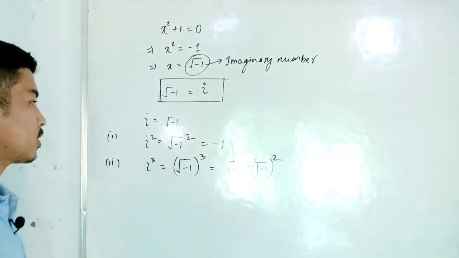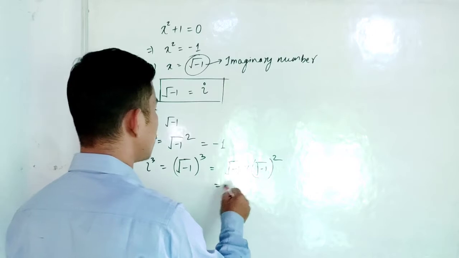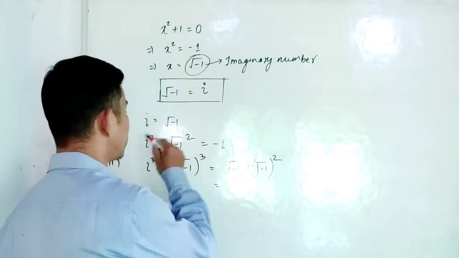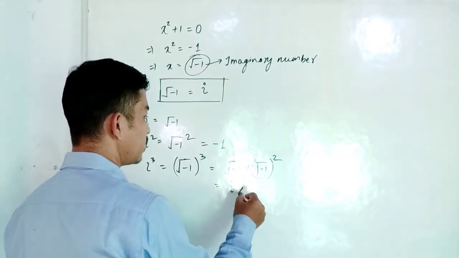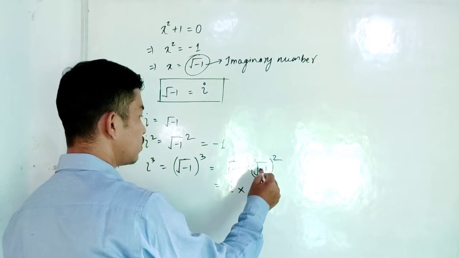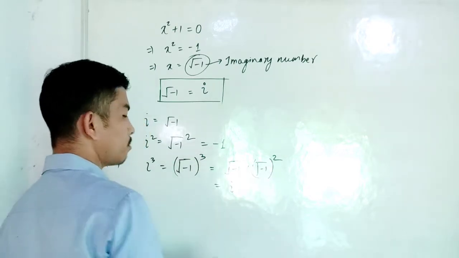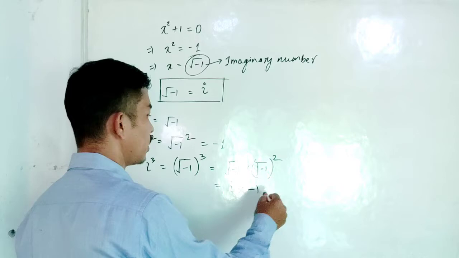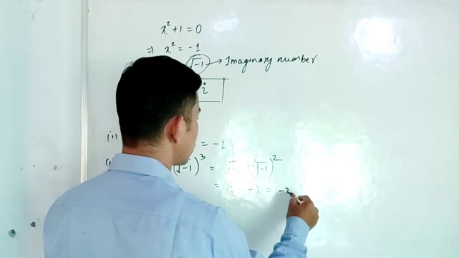From the above expression, we can replace under root of minus 1 with i, and the square of under root of minus 1 is minus 1, as we saw in the second step. So it gives me the value minus i.